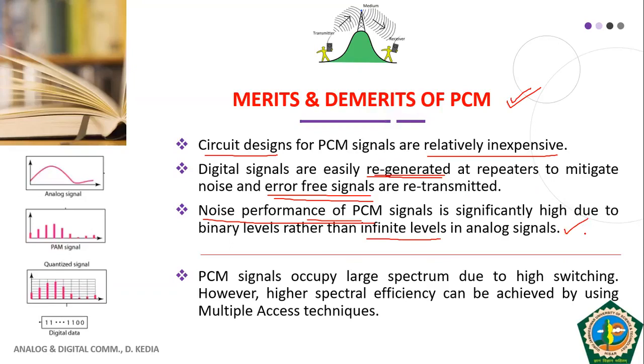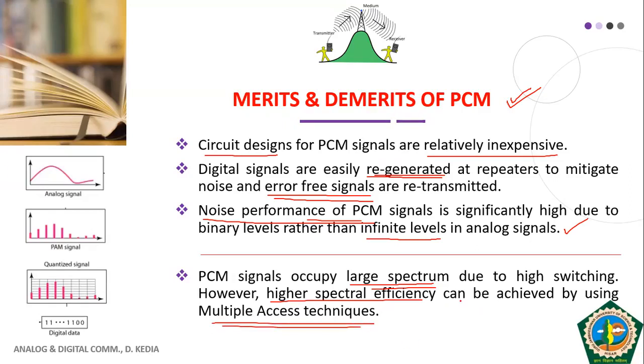Though there are so many merits of PCM, it is not free from demerits. A PCM signal occupies a large spectrum due to the switching of these pulses, but we can control this demerit by having higher spectral efficiency through the use of multiple access techniques.